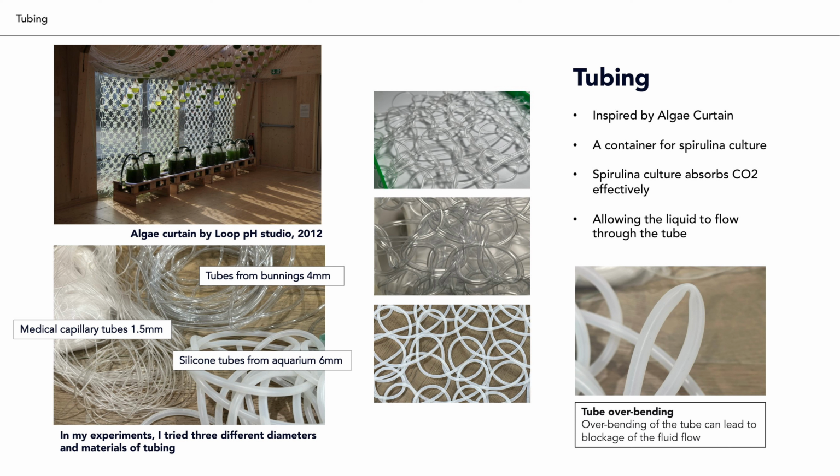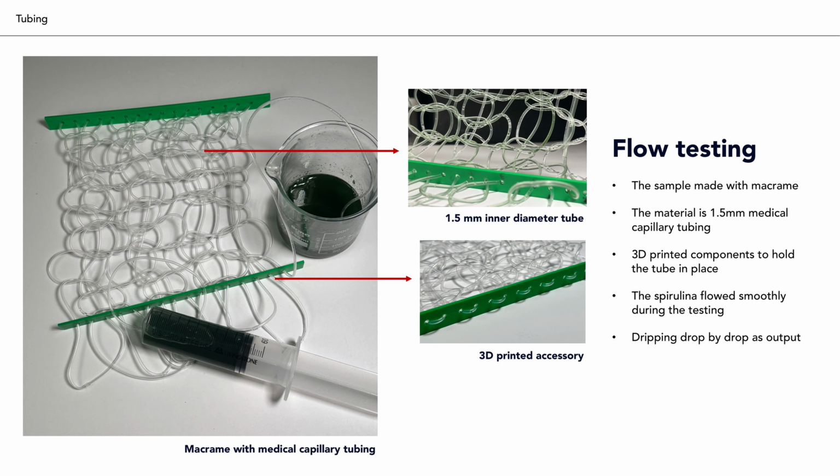I have tried 3 different thicknesses and 3 different materials of tube at this point. The medical capillary tube is the best performer. This is a very thin tube with an inner diameter of 1.5 millimeters.